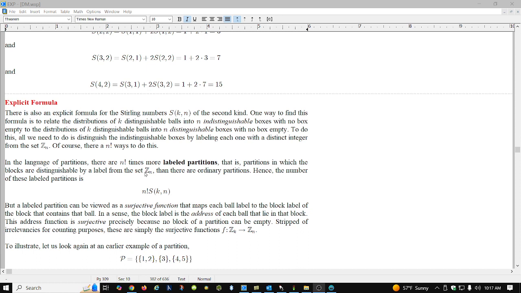And the label set would be Z_n, because there are n boxes or n blocks. There are n factorial times more of these than there are ordinary partitions. As far as I know, there is no name for partitions in which the blocks are distinguishable, so labeled partitions seems as good as any term. So the number of labeled partitions is n factorial times S(k, n).